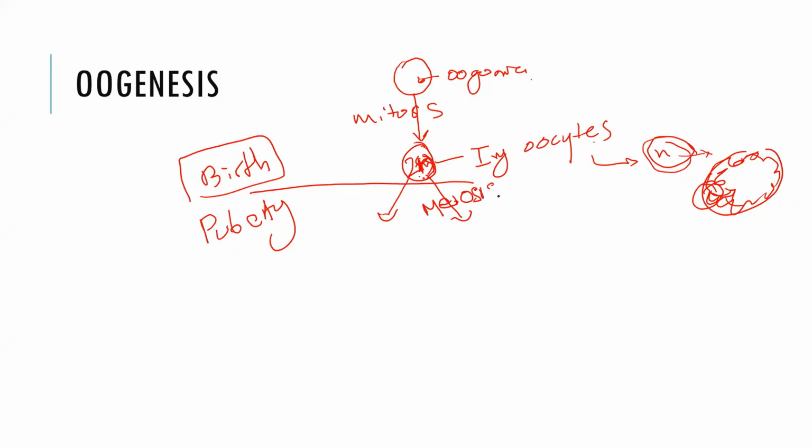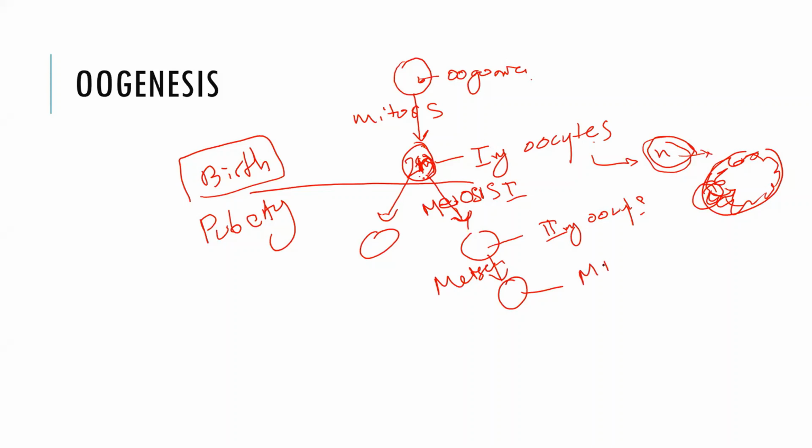So they undergo meiosis 1 and form secondary oocytes. So actually, they start meiosis 1 and progress to meiosis 2 and get arrested in metaphase 2. This is not the secondary oocyte. This is the secondary oocyte. It is arrested in metaphase 2.